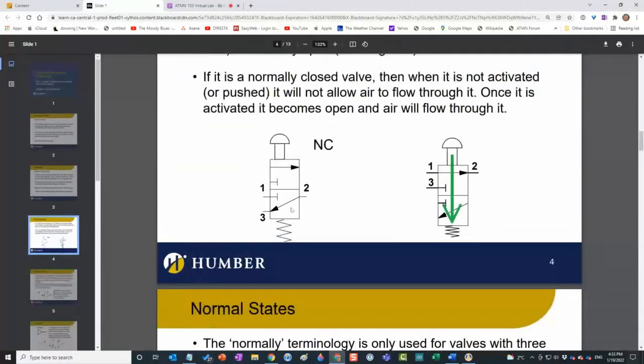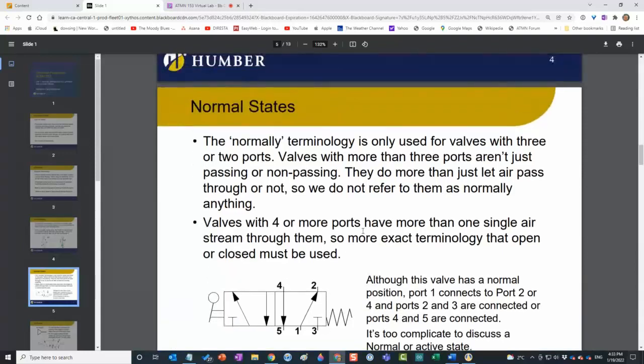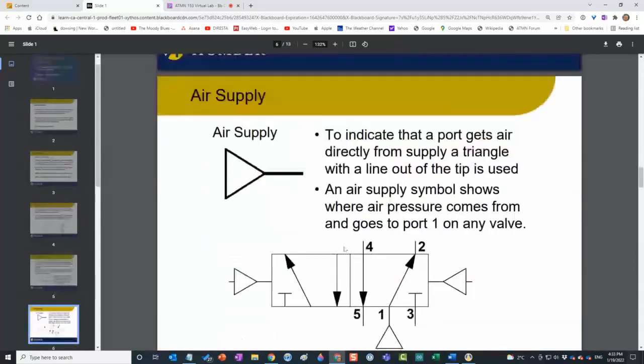Over here in this normal state, port 1 and 2 are passing. But ultimately, because there are really only 2 ports that matter in here, we can say that it is either normally closed or normally open because we're talking about port 1 and port 2 generally only. In this case, we've actually got 3 ports that we're talking about. This port and that port are just exhausts. So just to let you know what's going on there, let's move on a little bit.